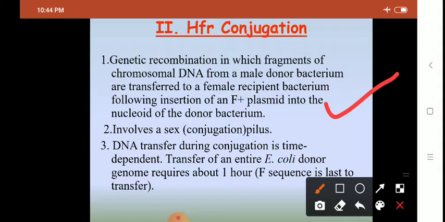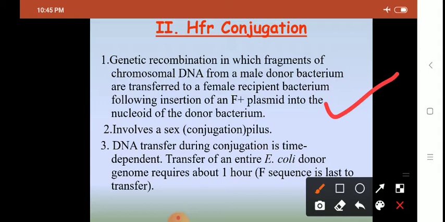The recipient cell receives the chromosomal DNA of the donor cell, and it gets integrated inside the chromosomal DNA of the recipient cell, and hence recombination takes place. Donor chromosomal DNA is integrated inside the recipient cell's chromosomal DNA.